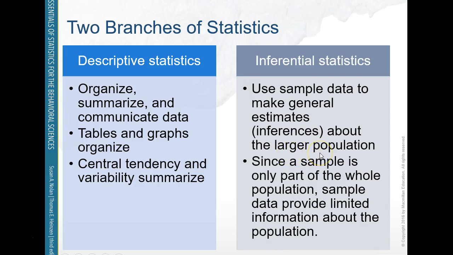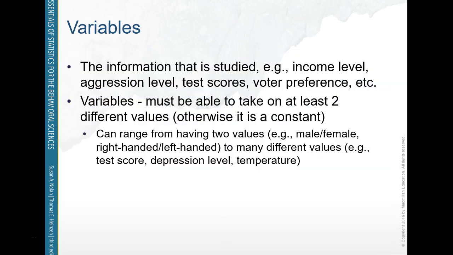Inferential statistics are things like z-tests, t-tests, ANOVAs, and that's what we'll be learning about in the second part of the class. And basically, since the sample is just a part of the population, our sample only provides limited information about the population, and we need these statistics to help us make our best inference or our best guess at what we think is happening in the whole population.